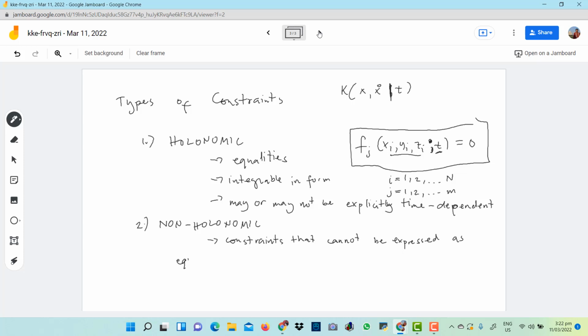So basically, it is an inequality. Also, it is not integrable, or they are non-integrable.